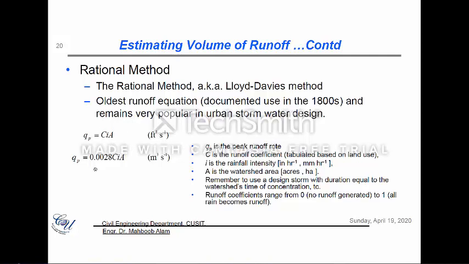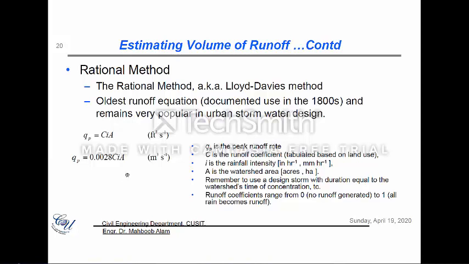Now we use these two equations depending upon what kind of units you are expecting at the end. Usually if we are calculating the discharge in cubic meters per second, then we would be using this formula, 0.0028 CIA. If you are using 0.0028, the area would be in hectares. Otherwise, if you are using 0.28 CIA, then the area would be in square kilometers.